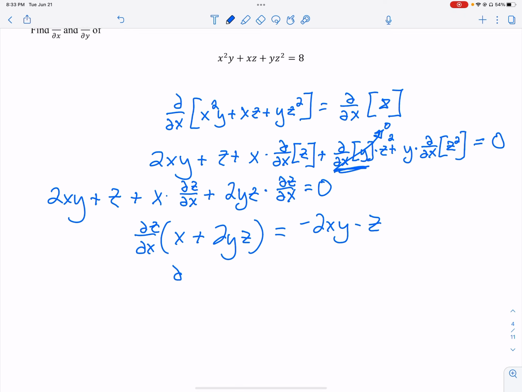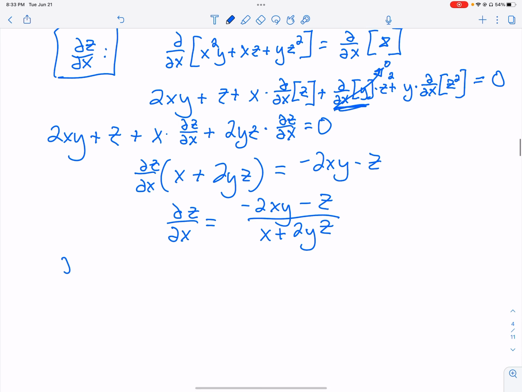So if I wanted to solve for the partial of z with respect to x, we'd have negative 2xy minus z all over x plus 2yz. There is my partial derivative of z with respect to x. That's how z changes with respect to x at any point. All right, we've got to do the other way. So let's label that partial of z with respect to x.